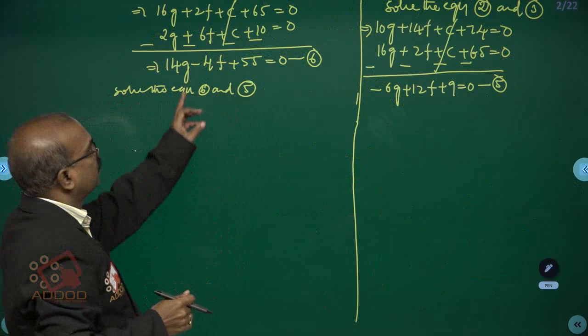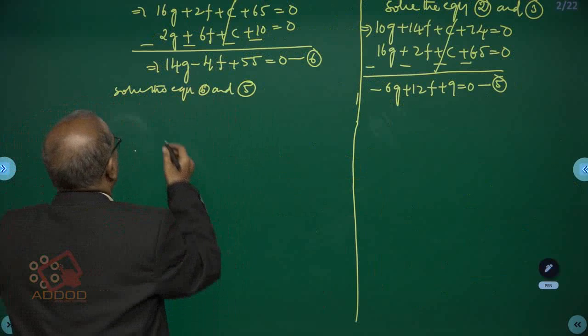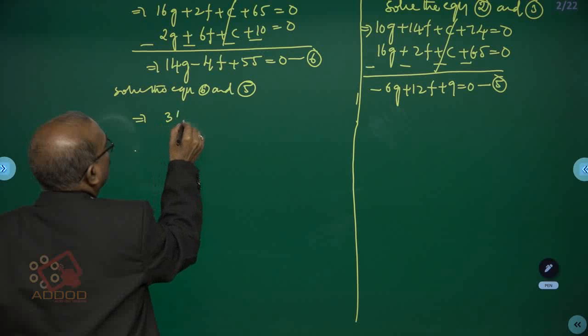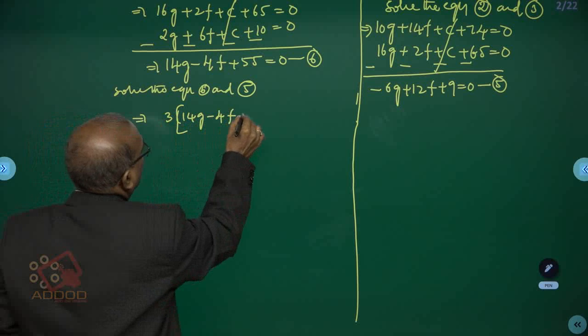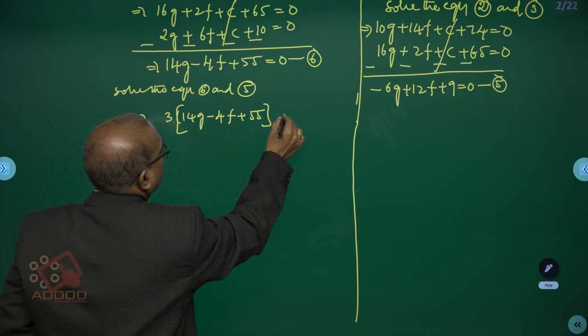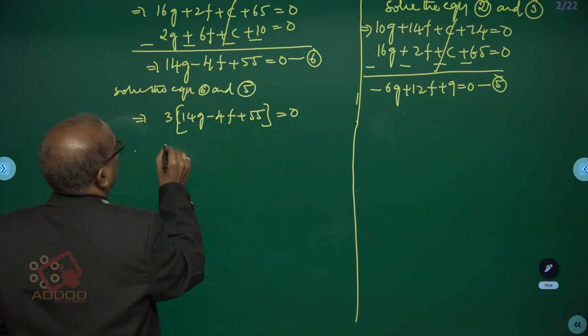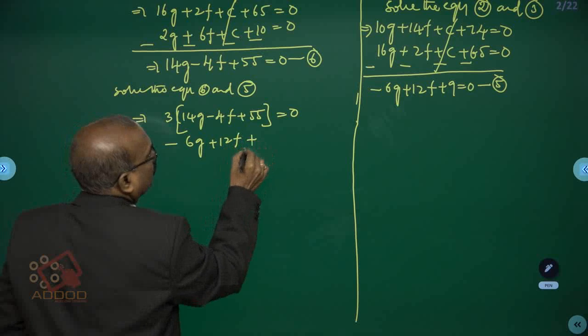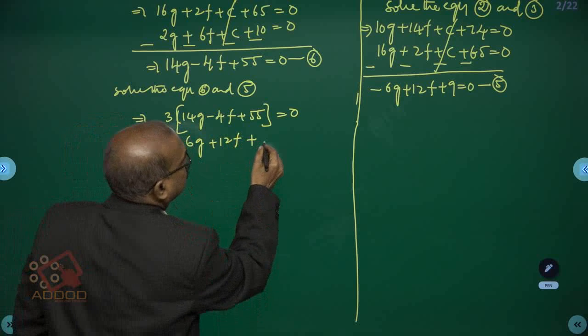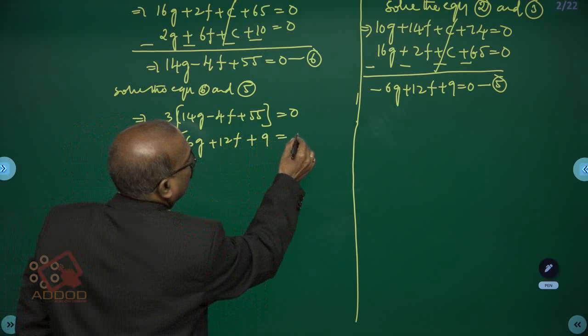So multiply this with 3. So that is 3 into 14G minus 4F plus 55 is equal to 0. Next, minus 6G plus 12F plus 9 is equal to 0.